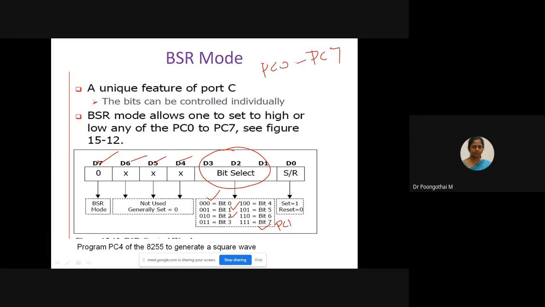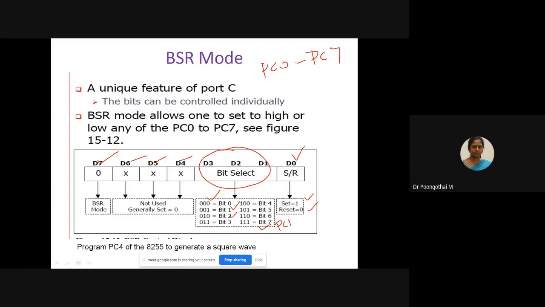Individual bits are selected using D3, D2, D1, and the bit is set or reset using D0. If D0 is 1, the selected bit is set, otherwise reset.